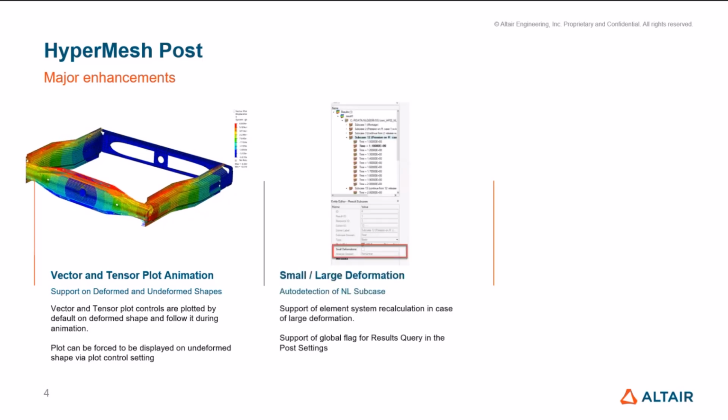What we also introduced is an explicit tag and option to activate or deactivate small deformation. When we are dealing with nonlinear cases, the post-processing backend and the readers are capable of tagging the result subcase and detecting whether the result is linear or nonlinear.